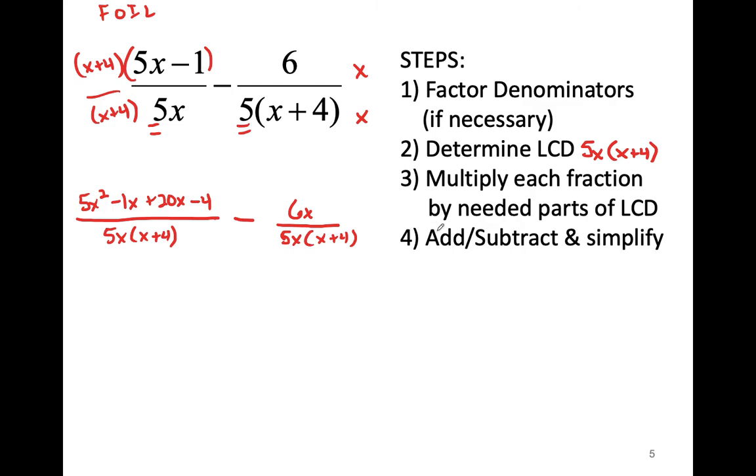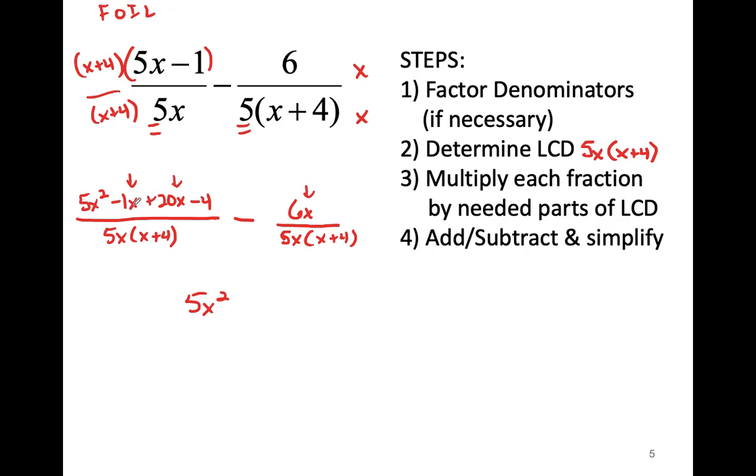Now we're on step number 4. Let's add, subtract, and simplify. I got this 5x squared. There's no other x squared terms in my numerator, so that's just going to stay a 5x squared. Now I have this minus 1x, this 20x, and this 6x. Those are all like terms, so let's combine them.